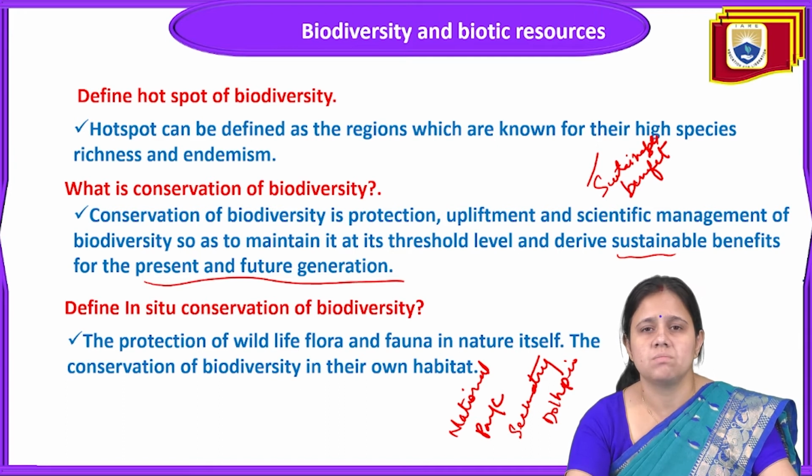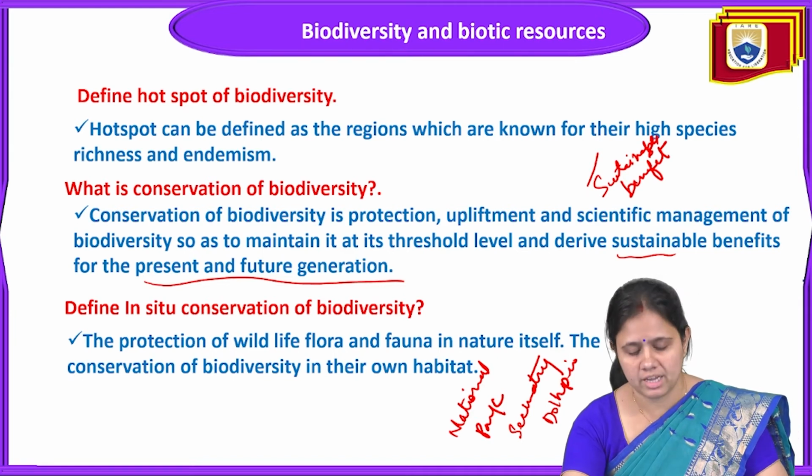Because of more richness, more species are there, and their habitats are very small places. That's why their richness is going to be reduced. So endemism is very important, and it is important to conserve biodiversity. Conservation is of two types, which we'll discuss in the next lectures. First, we are going to study in situ, which means conservation of biodiversity in their own habitat from where they belong.